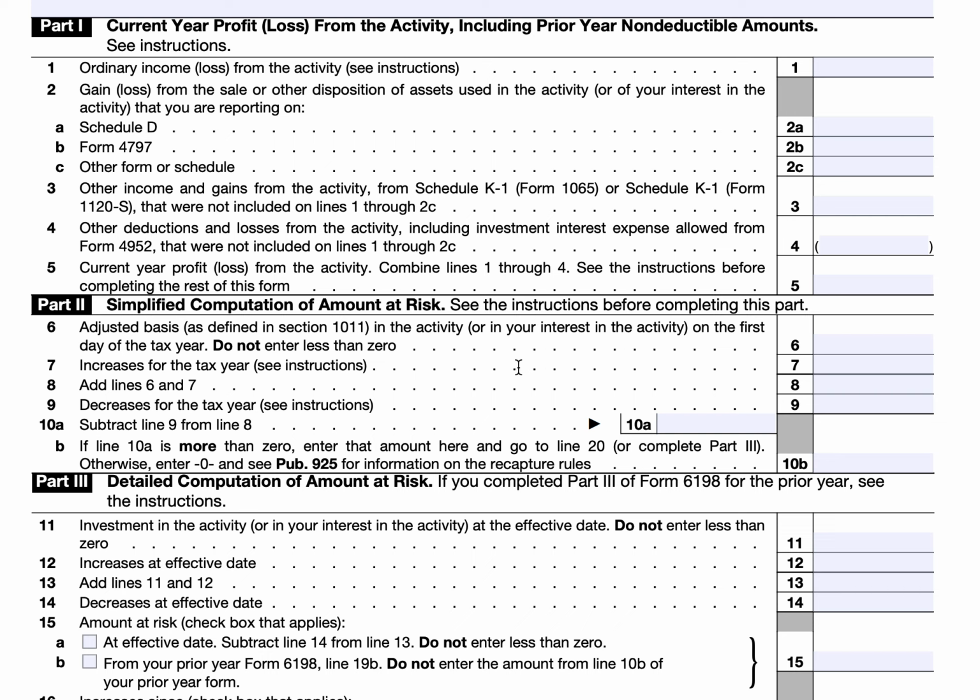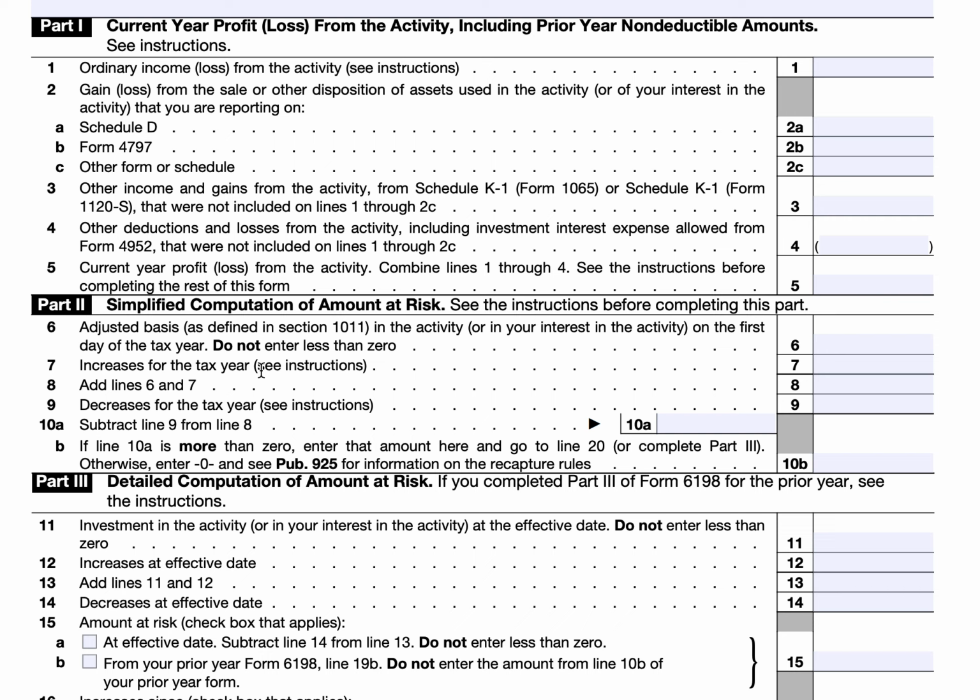In line 7, you're going to enter any increases for the tax year. So don't include your current year income or gains, but you will include the following. These are 4 things that would increase your basis for the year.